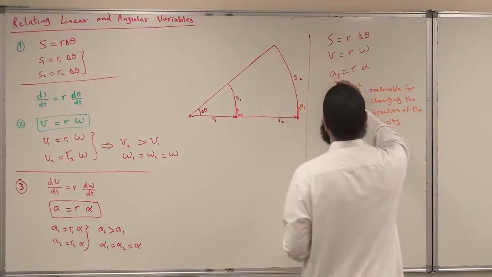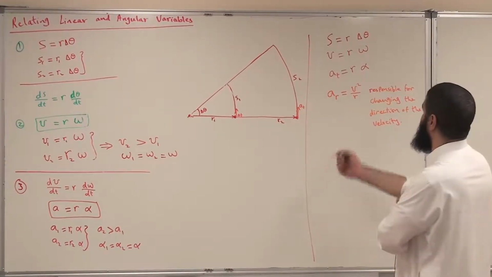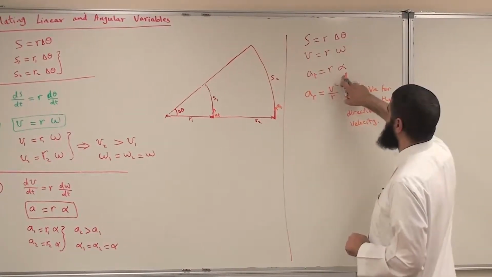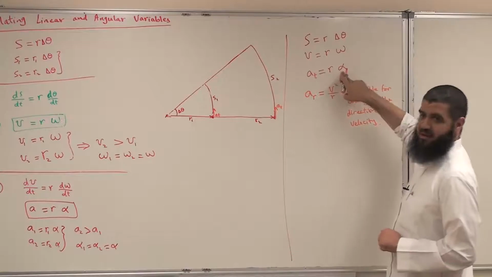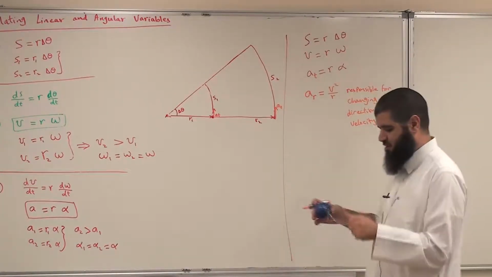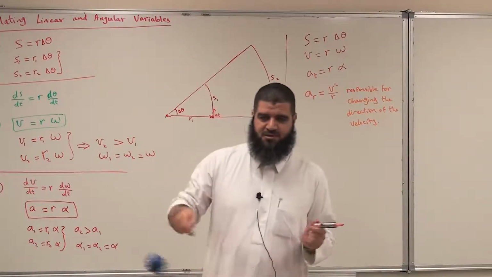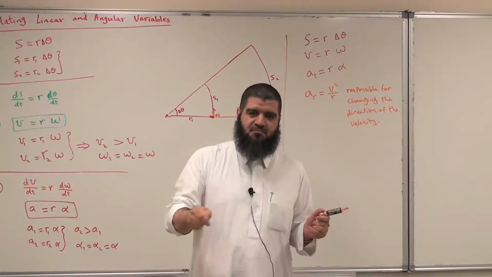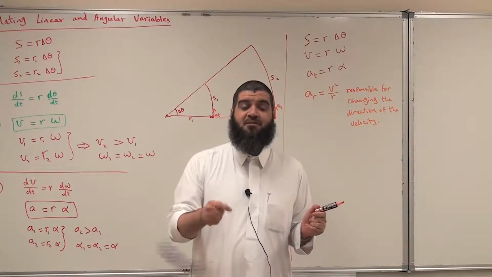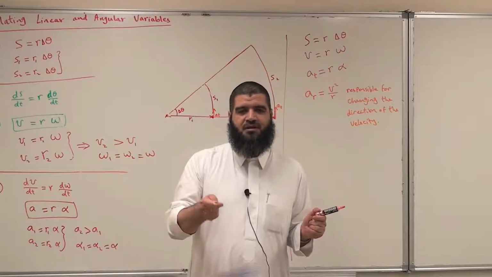But what about this tangential acceleration? Tangential acceleration will be there only if you have a change in omega. Okay, if omega is changing, it means your object was rotating slowly, then it will go faster and faster. So omega is changing, increasing or decreasing.